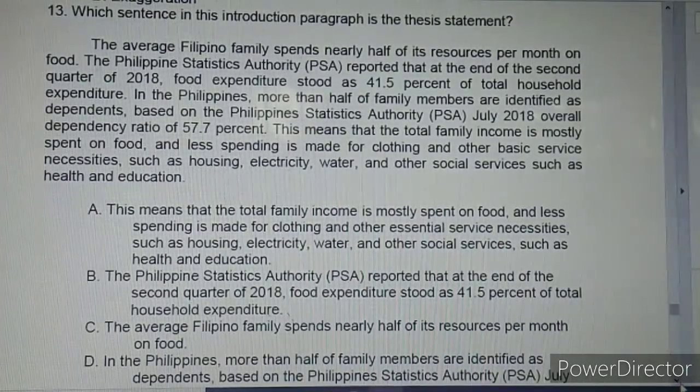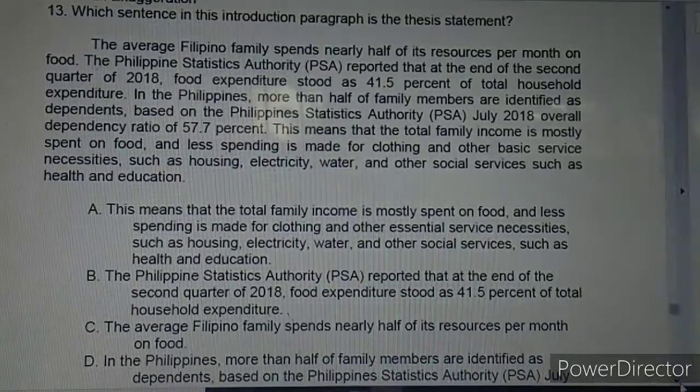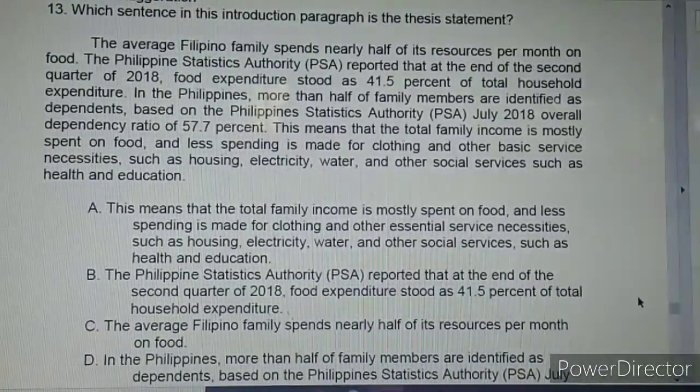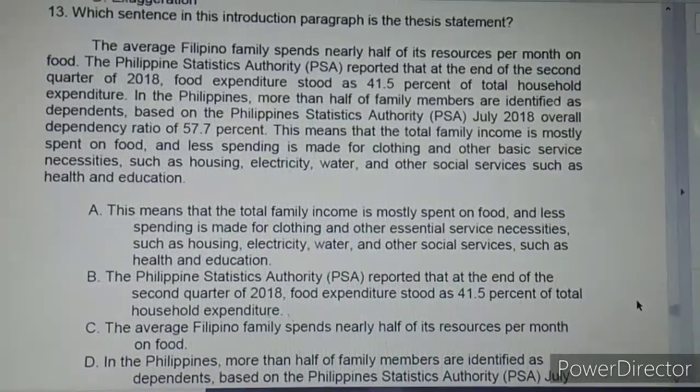Letter C. The average Filipino family spends nearly half of its resources per month on food. Or letter D. In the Philippines, more than half of family members are identified as dependents, based on the Philippine Statistics Authority, PSA, in July 2018.